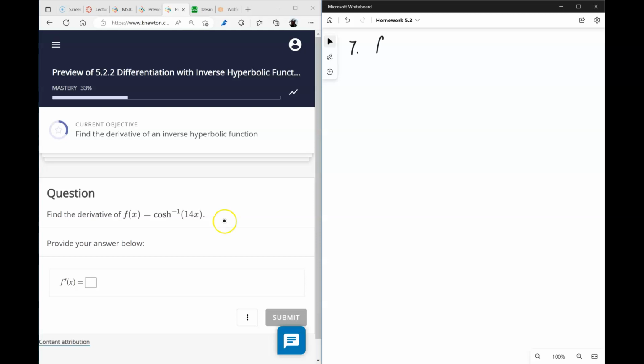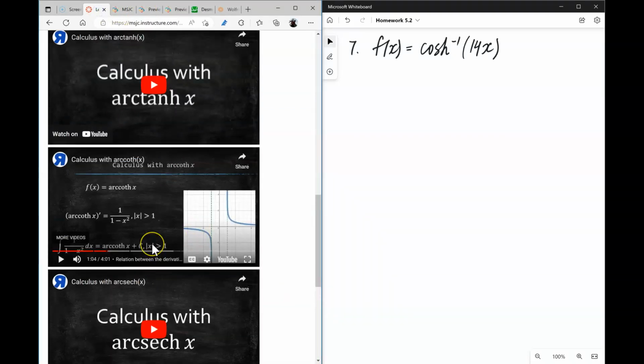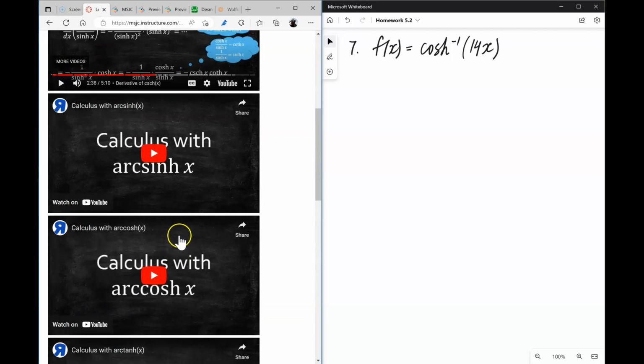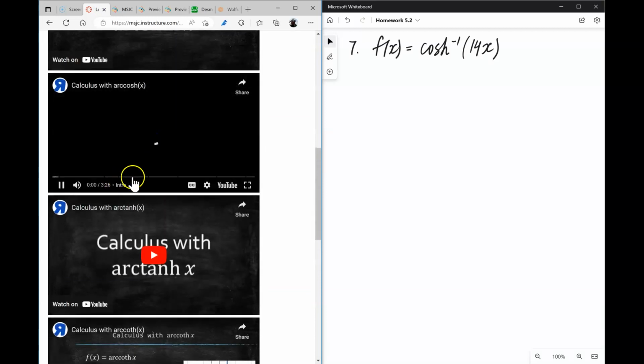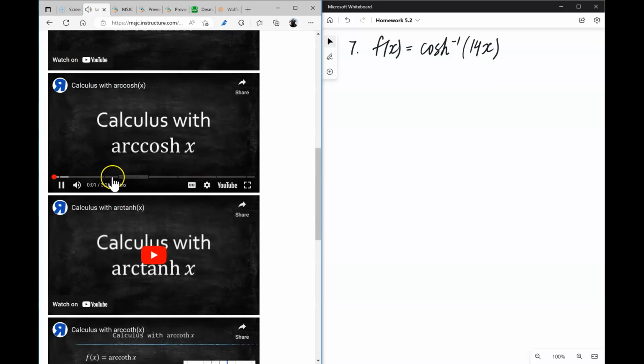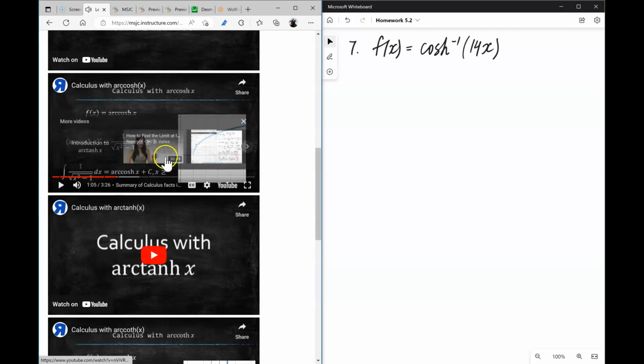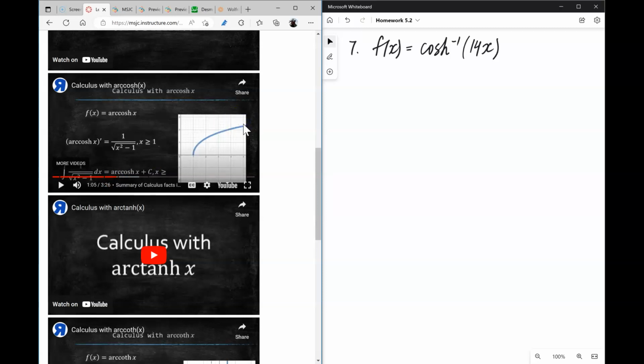We have hyperbolic inverse cosine, but hopefully by now you get the idea. As long as you know the derivative of hyperbolic inverse cosine, the rest is just the application of the chain rule. Here's the derivative, and we're just going to apply it.